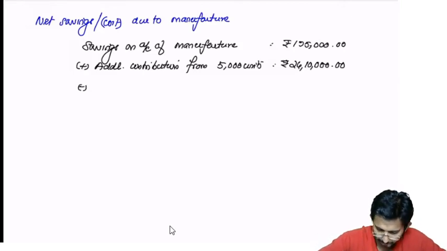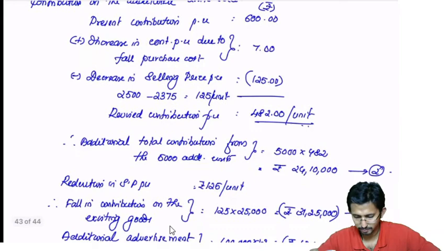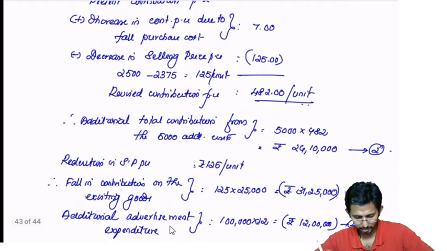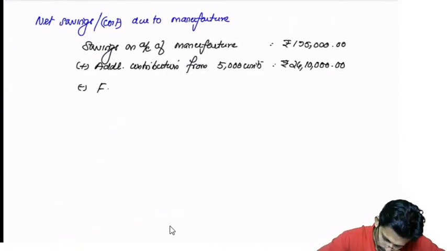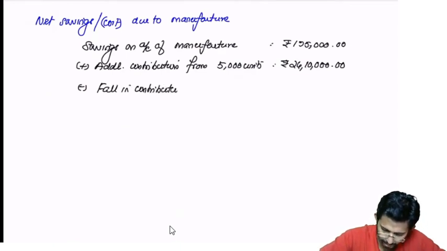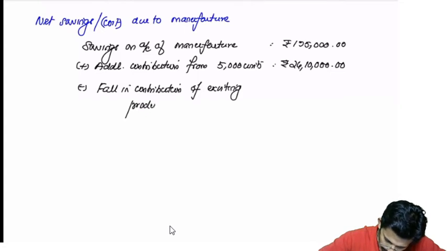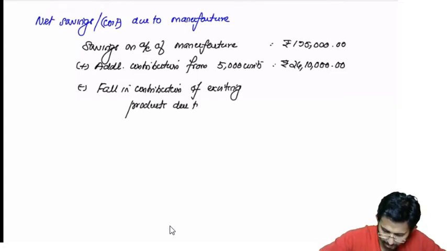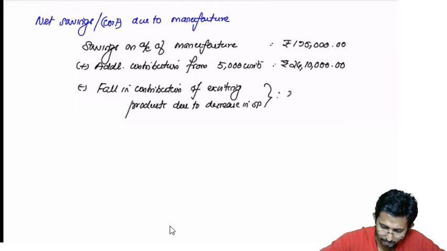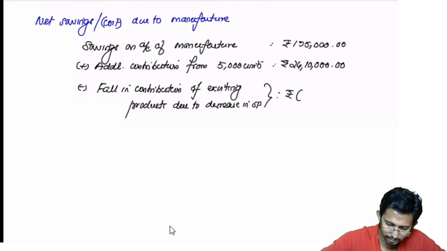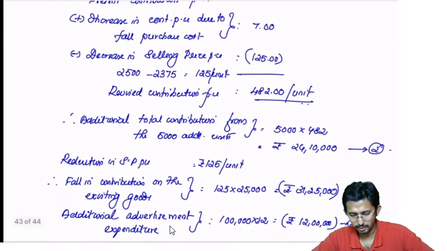Then less fall in contribution of existing products due to decrease in selling price. It is negative 31,25,000.